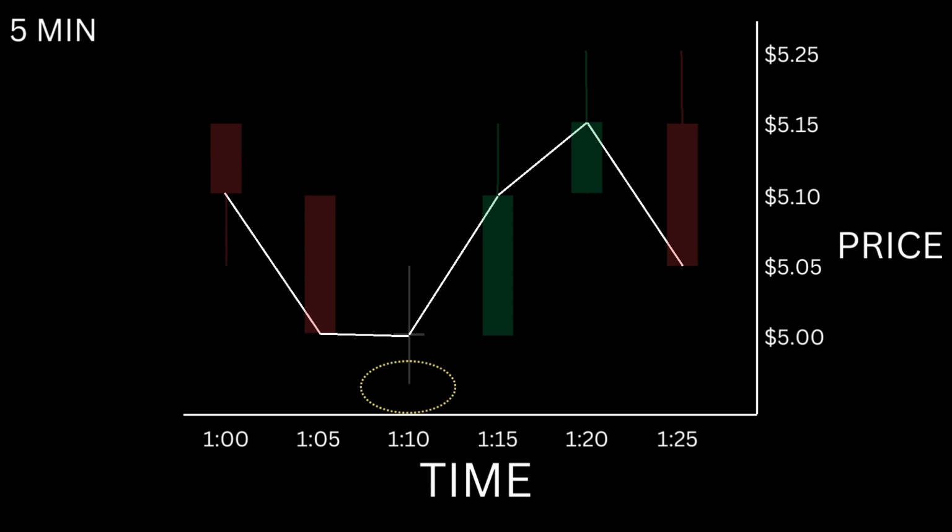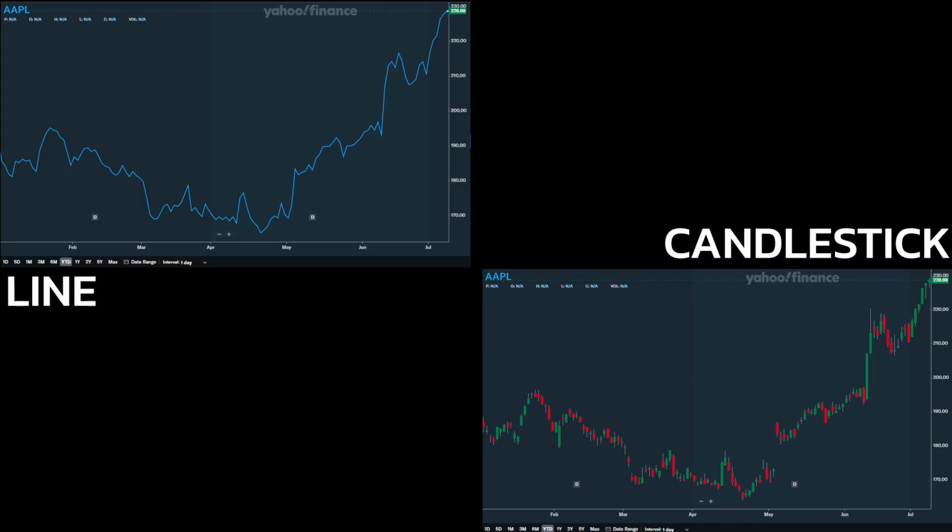You would have also missed that price fell below $5 during this time period. The line chart would lead you to believe that price struggled to get over $5.15 when in reality, it went as high as $5.25 and found resistance there twice. As you can see, the information that a candlestick chart gives you is much more detailed and accurate to you as an investor. This is already reason enough to use a candlestick chart in general for your information.